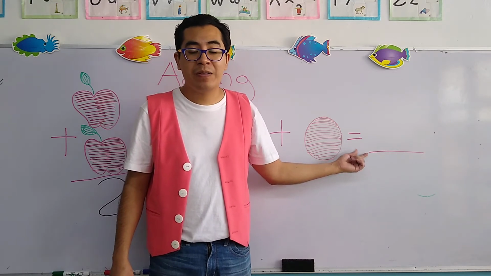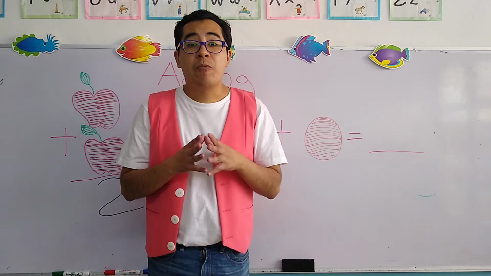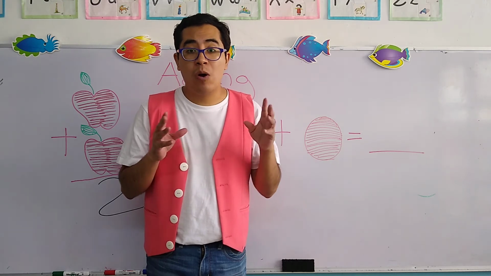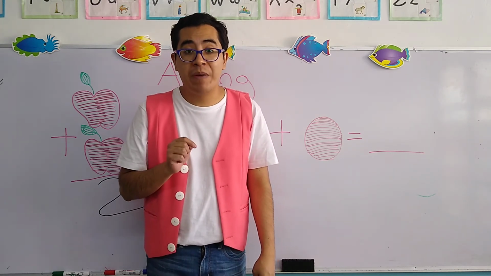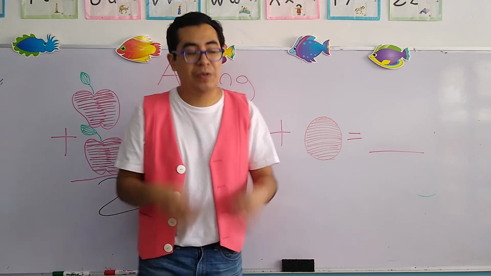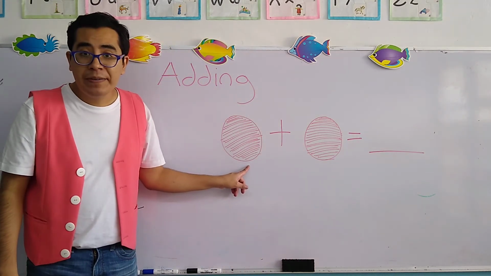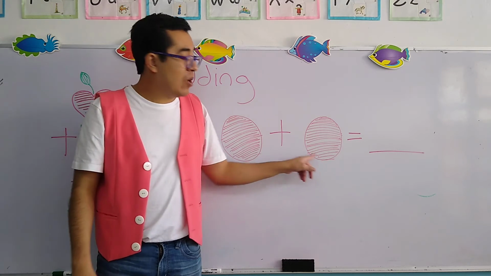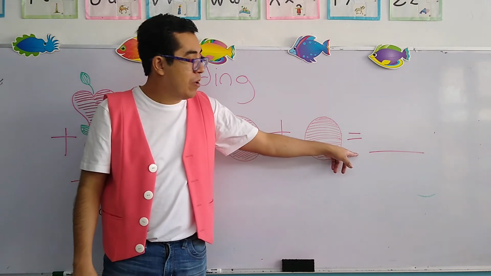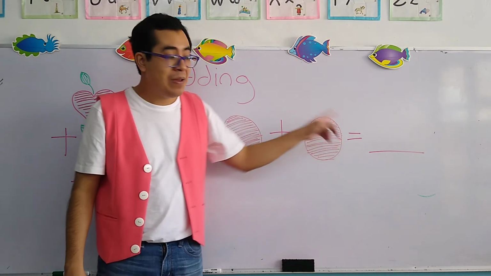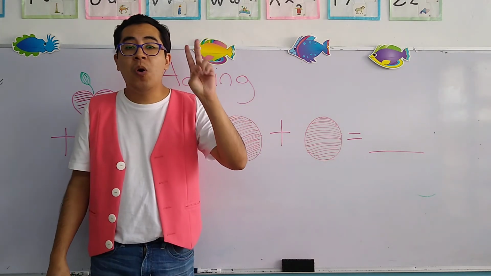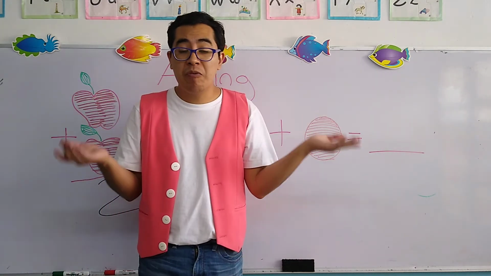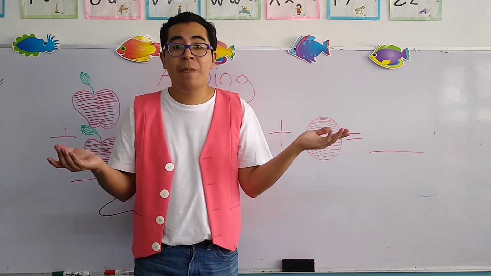Okay? Very good. Once again, we are going to start counting the oranges to see what's the result. For this, remember, please help the teacher. 1 plus 1 equals, es igual a, we have 1 and 2. 2 oranges. So what's the result? ¿Cuál es el resultado?